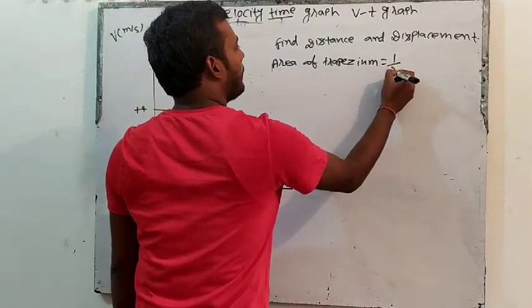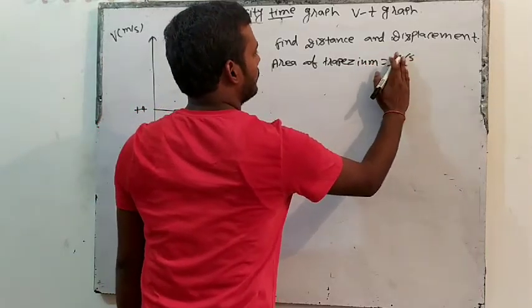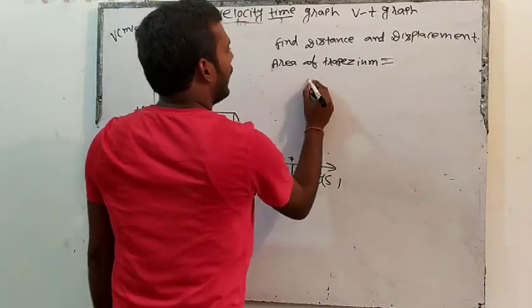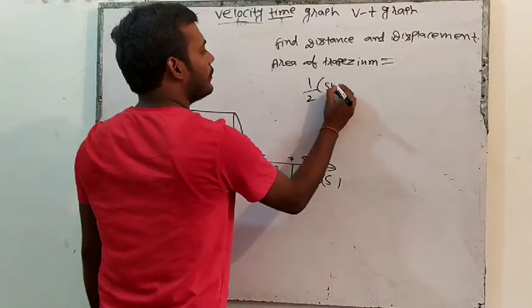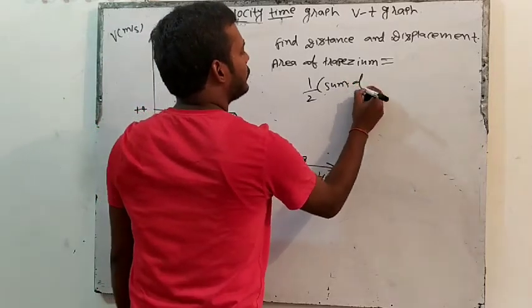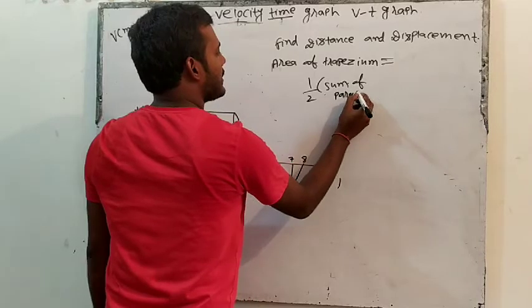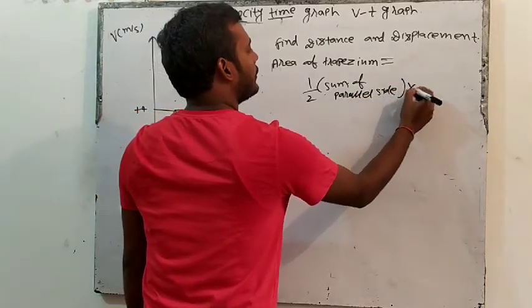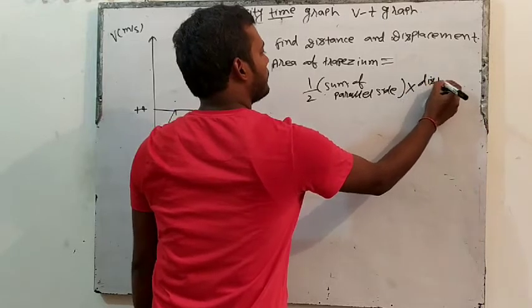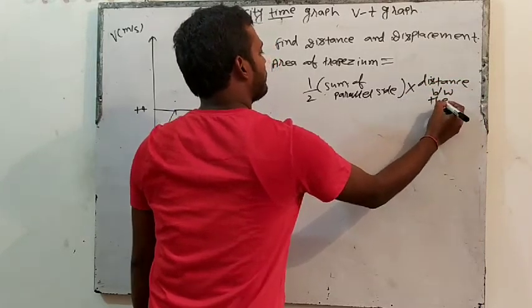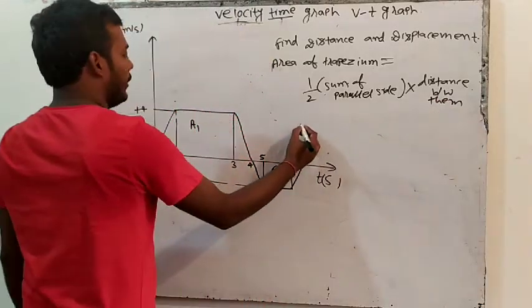This is equal to half into sum of parallel sides into distance between them.